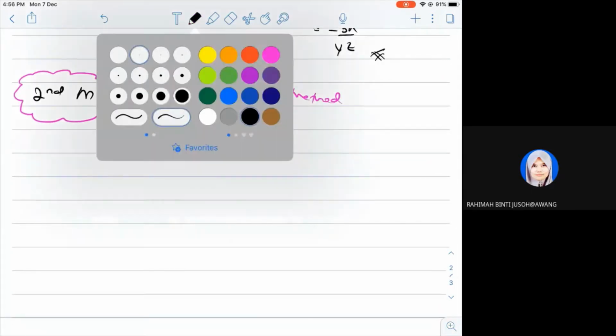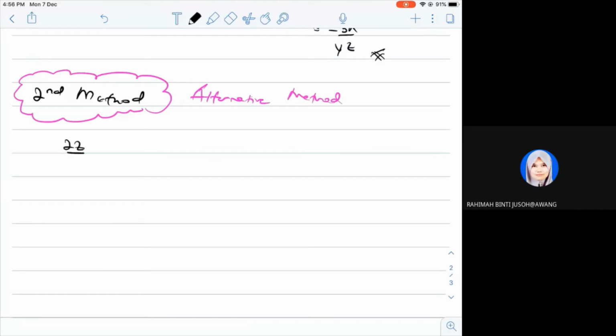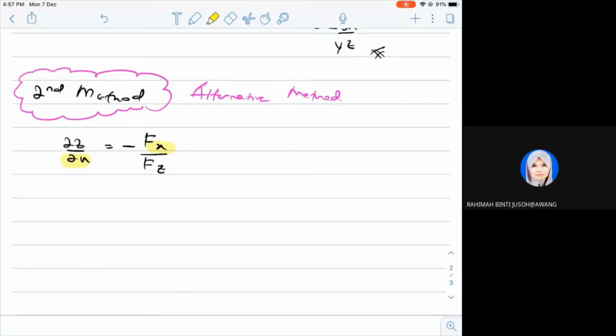Okay, so for the second method, or the alternative method, we have something like this. If you want to differentiate with respect to x, we have a formula, negative, don't forget negative, f subscript x divided by f differentiate with respect to z. Dia terbalik, dia switch. Okay, if this is the denominator, then it becomes the numerator. Okay, kalau dia dekat bawah, dia jadi dekat atas.